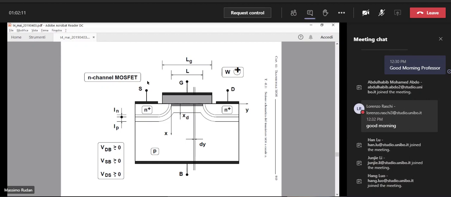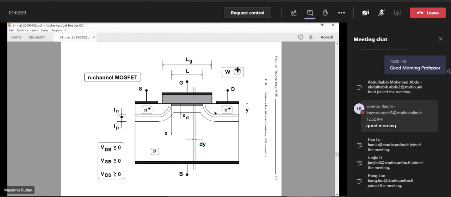We know already that there is no current through the gate because of the insulator. In principle, there is some little current through the bulk contact because the two junctions are reverse biased.